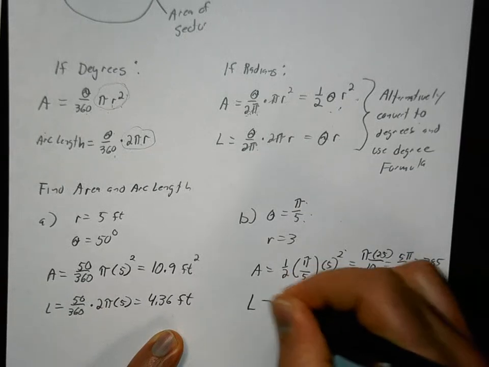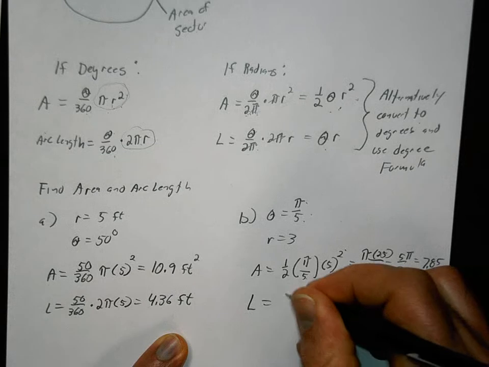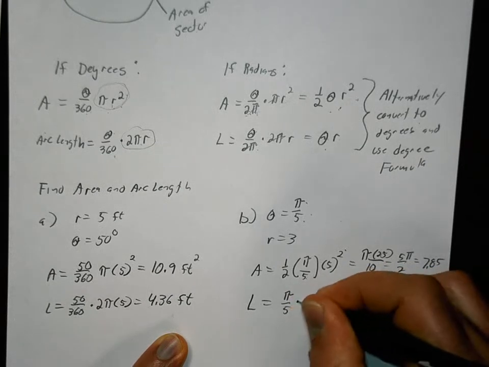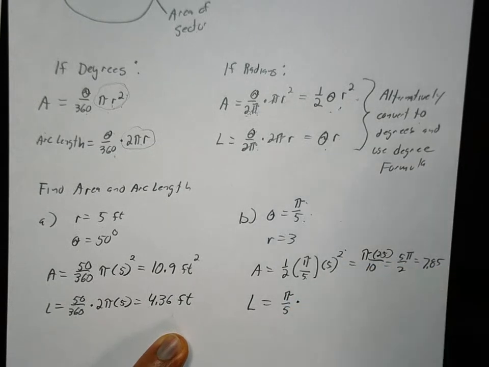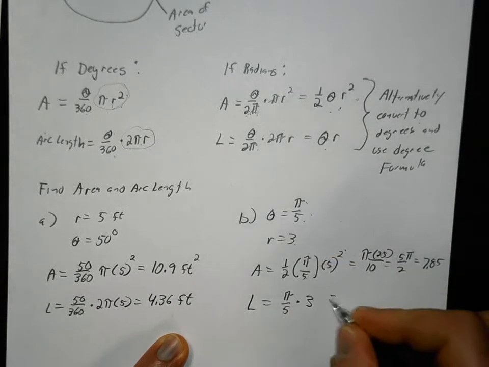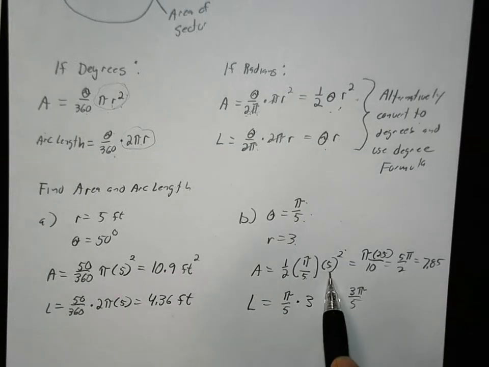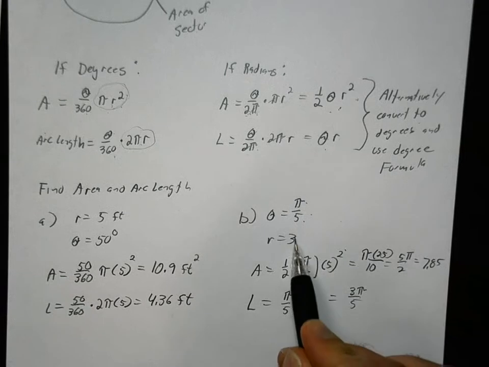Okay, and the arc length would be this formula here, which would be pi over 5 times the radius, which is 3, would be 3 pi over 5. I goofed up this last one, didn't I? I used 5 for the radius instead of 3.